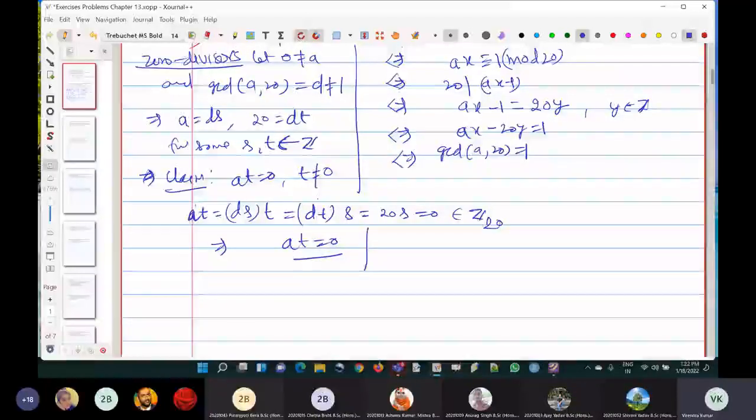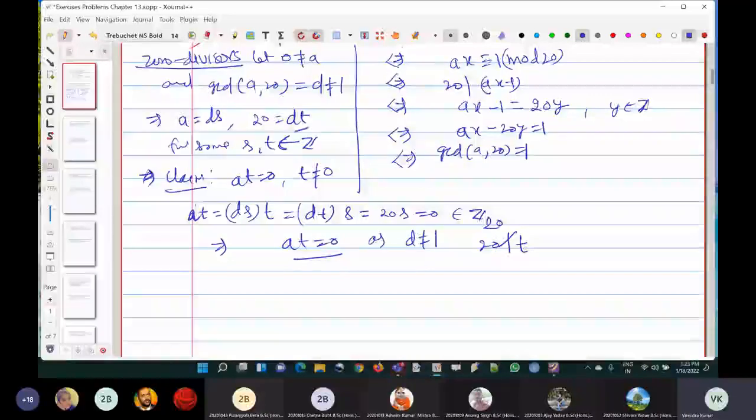But now we need to show that t is non-zero. Since d is not equal to 1, and the product of d and t is 20, then 20 cannot divide t.